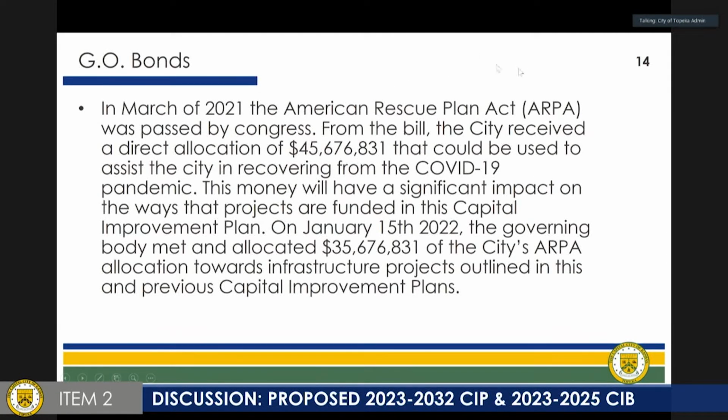And then ARPA, if you'll recall, we received just under $46 million for ARPA funds. The council voted in January, met in January, and made the decision to allocate just under $36 million for infrastructure.